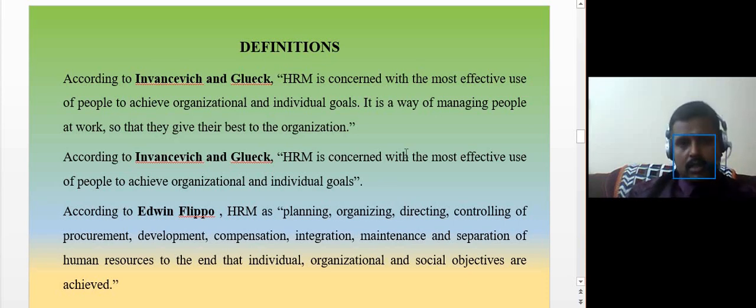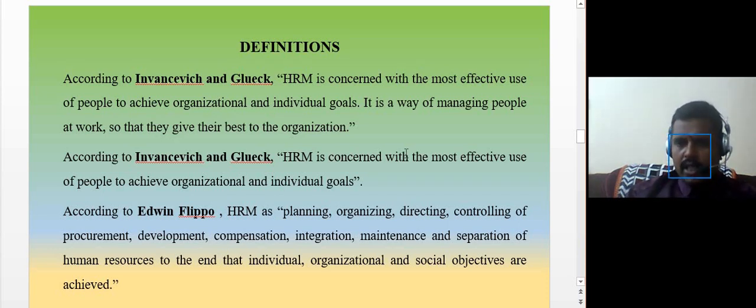According to that, the author defined in the first definition. The second definition is given by the same author: human resource management is concerned with the most effective use of people to achieve organizational and individual goals. Because each and every human being has to fix their own goals, own objectives.